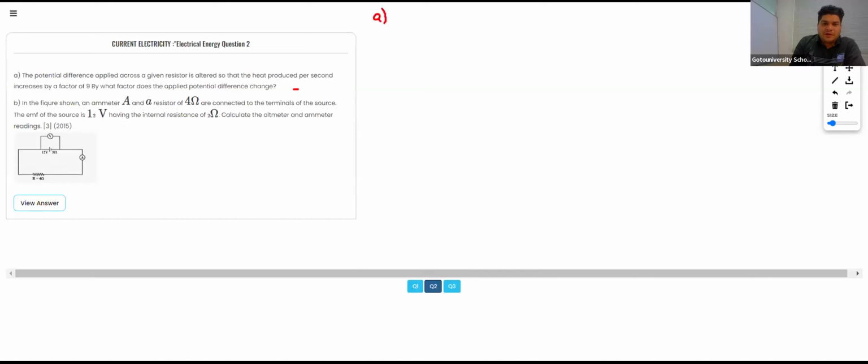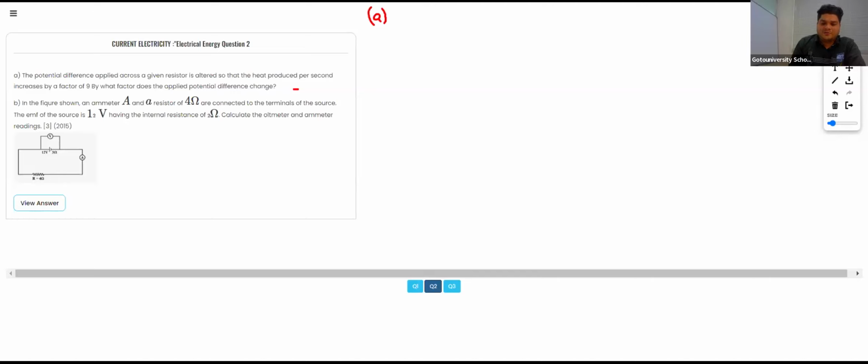In the A1, the potential difference across a given resistor is altered so that heat produced per second increases by factor 9. By what factor does the applied potential difference change? We have to find the new potential difference if heat produced per second increased by 9.